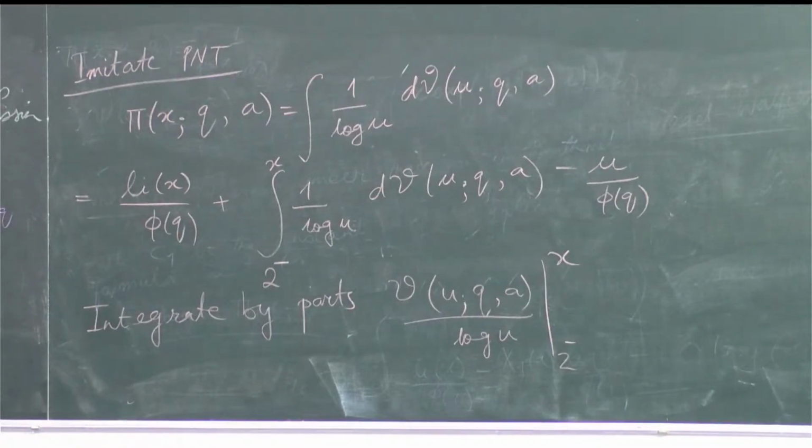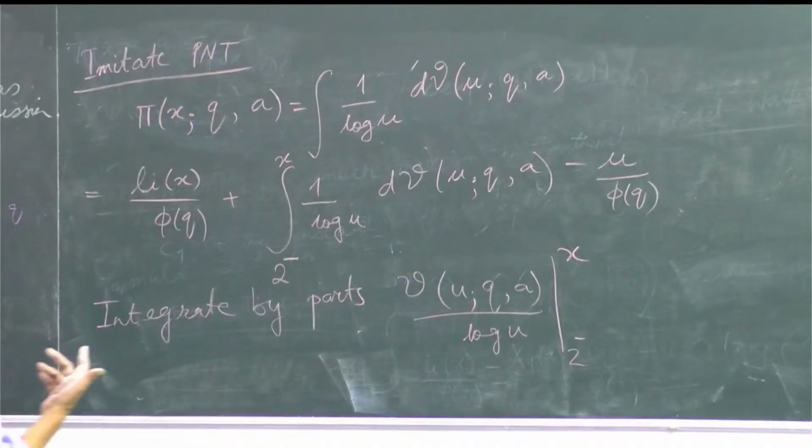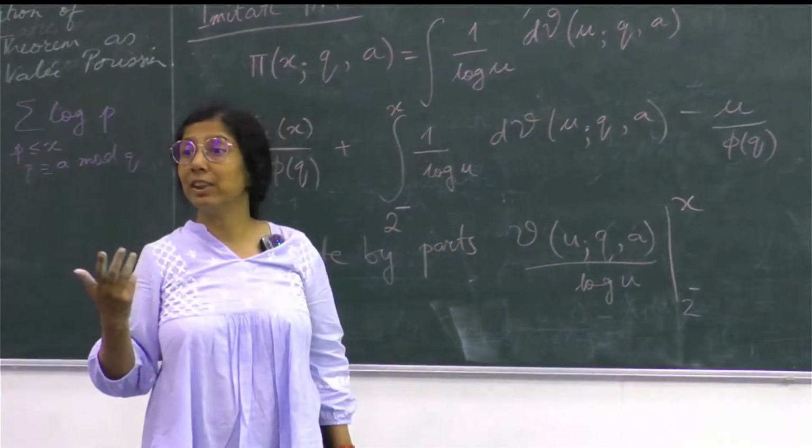So in the afternoon, we will do some exercises. As I told you, the problem with this is that you don't get the good range. Either you don't get the good range or you don't get good effective constants, because of the presence of Siegel zeros.